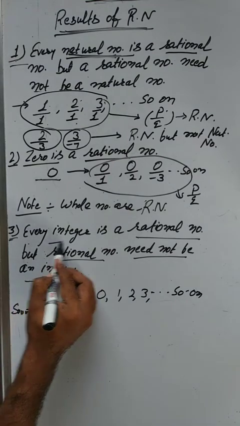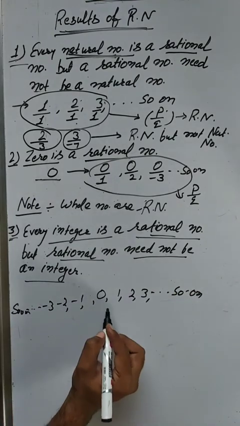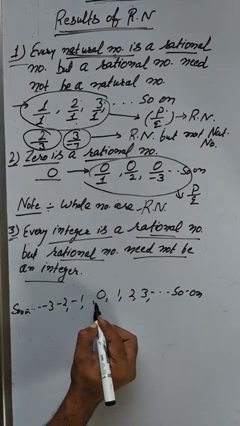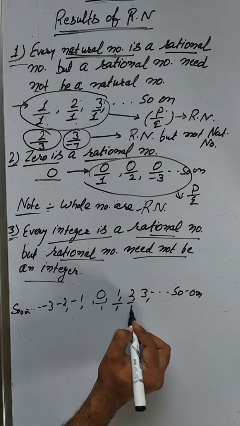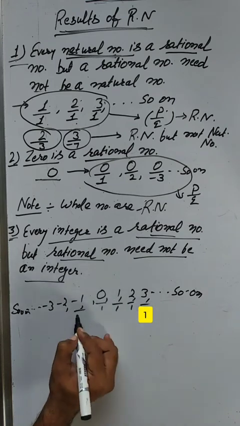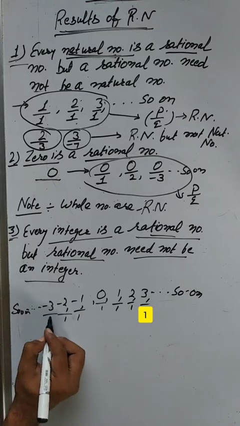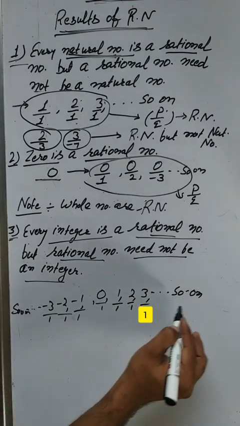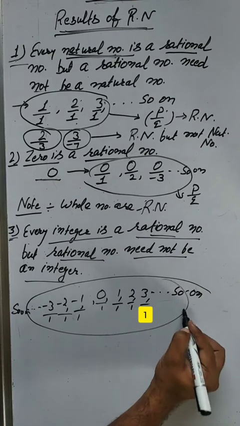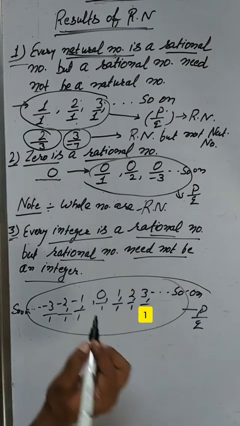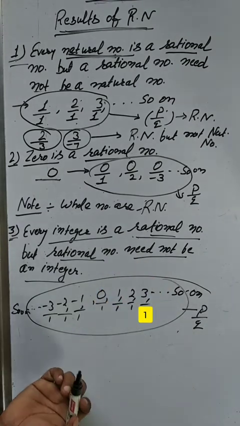Every integer is a rational number. Can I write them in the form 0/1, 1/1, 2/1, 3/1, -1/1, -2/1, -3/1? Now all the integers are in the form P upon Q. So all integers are rational numbers.